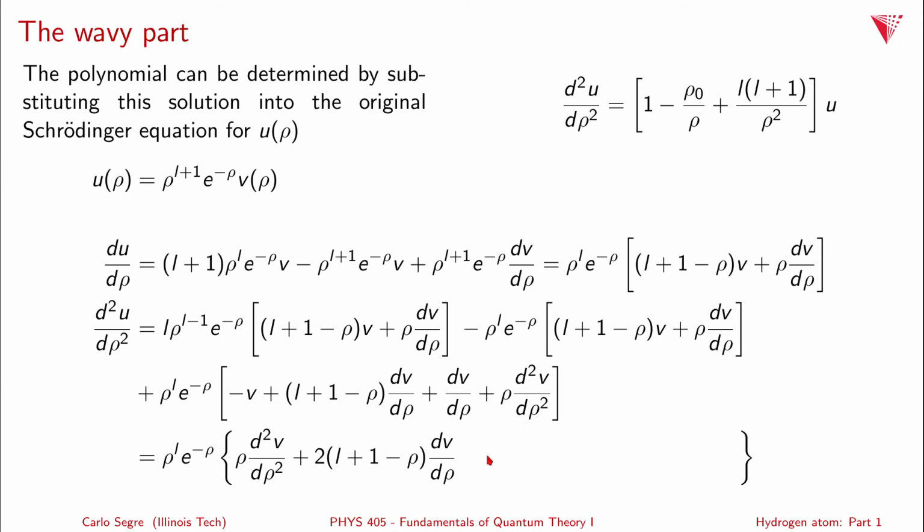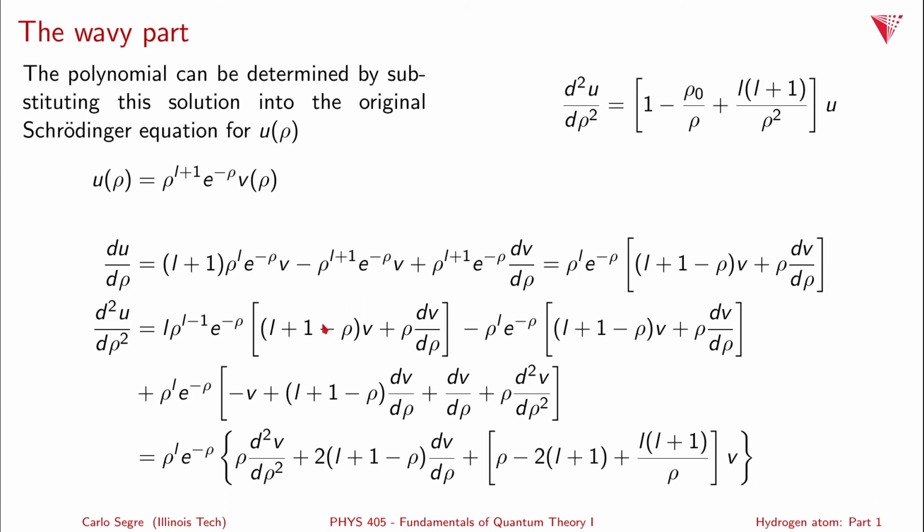And then finally, I take the constant terms and I group them all together. And I get the constant terms, the terms not multiplied times v, and I get rho minus 2 times L plus 1 plus L times L plus 1 over rho, times v.